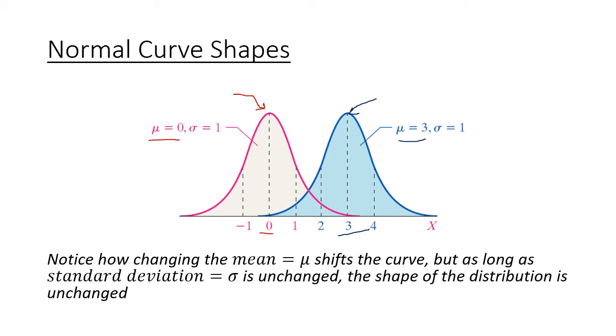So again, the mean is always going to be that peak. But because they have the same standard deviation, remember, standard deviation is our measure of dispersion. It's our measure of spread. It tells us how spread out the data is. Well, if the standard deviations are the same, that data is going to be spread out in the exact same way. And we can see that we just shifted that normal curve to whatever is appropriate for our particular mean.